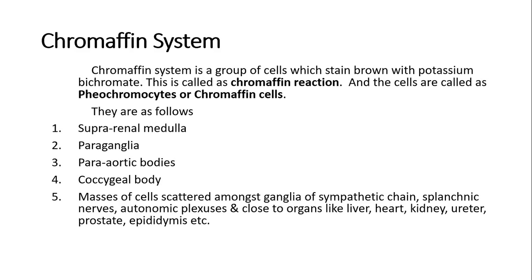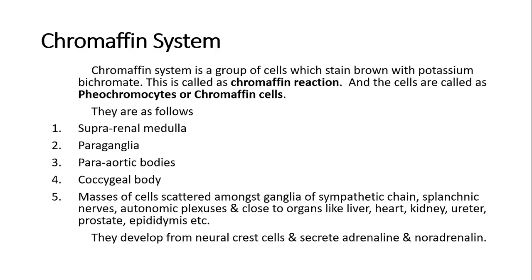All these cells which take up the potassium bichromate are stained brown, and they undergo the chromaffin reaction, and hence they are called chromaffin cells or pheochromocytes, and altogether these are called the chromaffin system. If you see what is the common factor between all these cells, they develop from the neural crest cells.